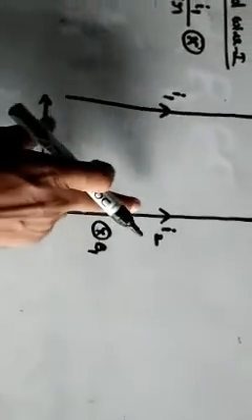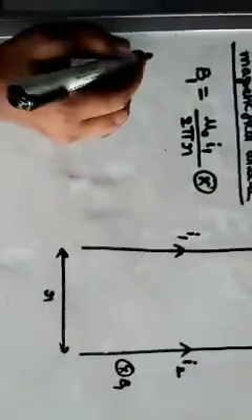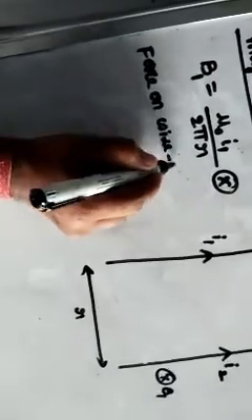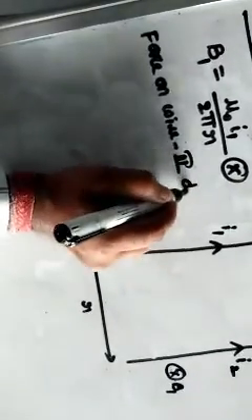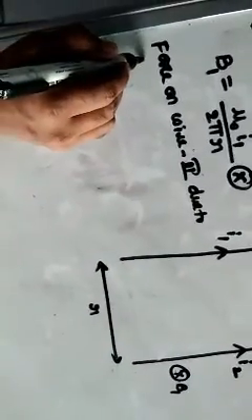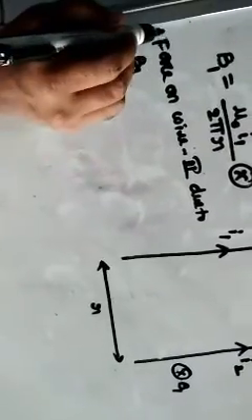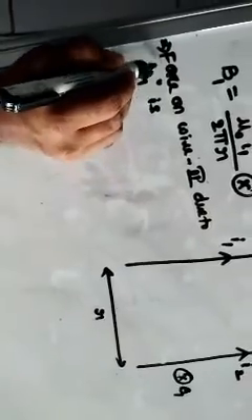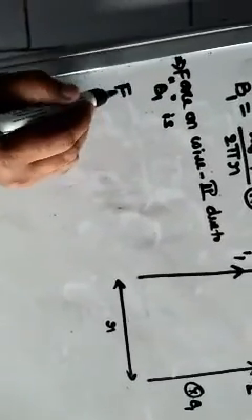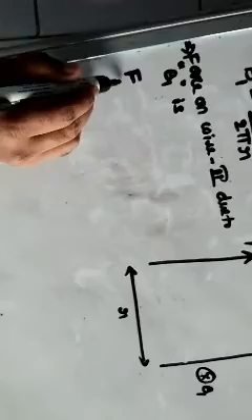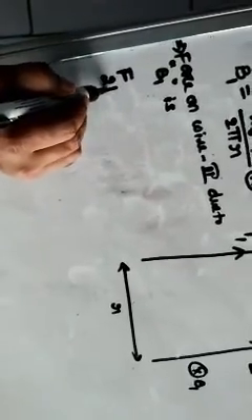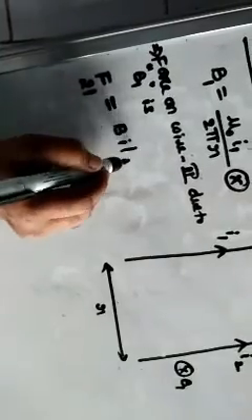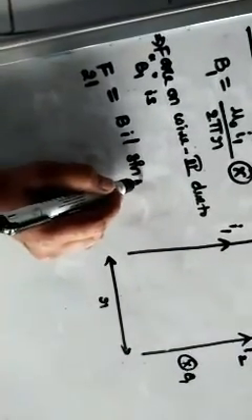Force on wire 2 due to B1: what is the formula for force? Force on wire 2, that is F21, due to the magnetic field B1. The formula is BIL sin theta, the standard formula.